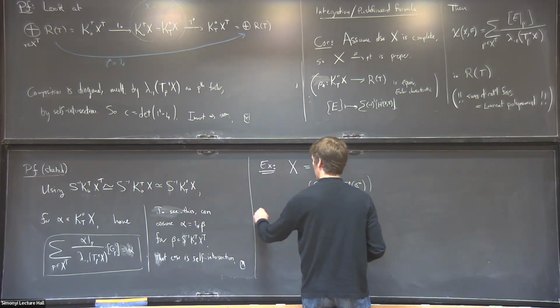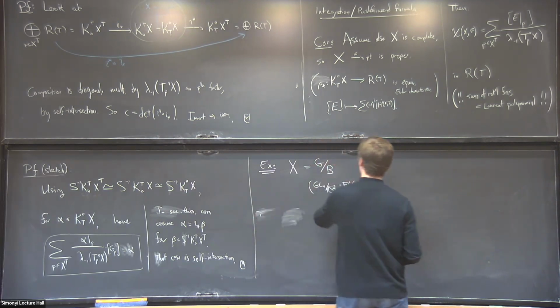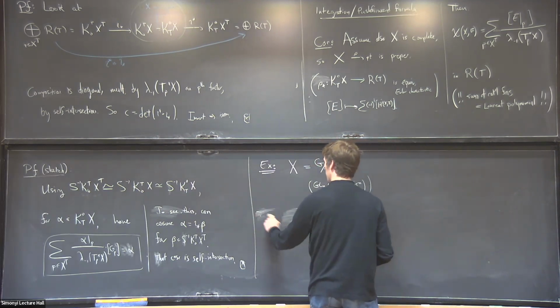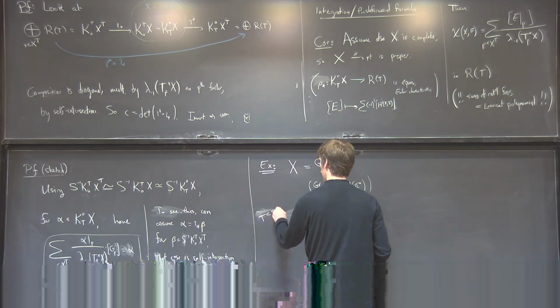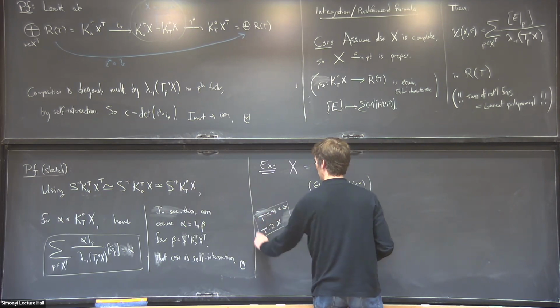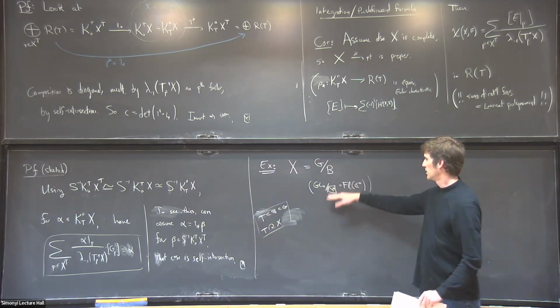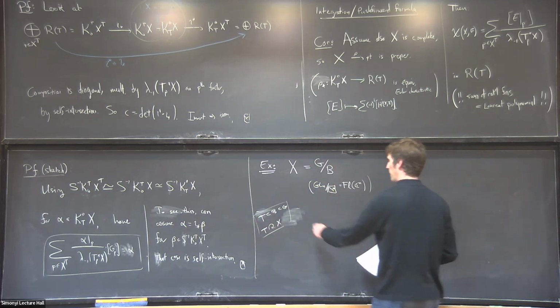And so there's the torus, the maximal torus in B, so diagonal matrices.